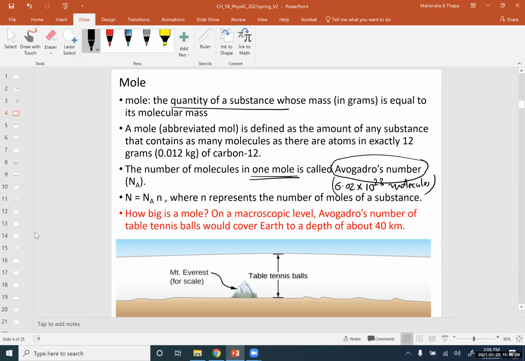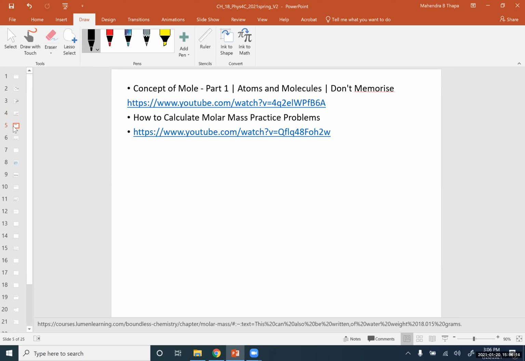Let's start with an example. Say, for example, the molar mass of the oxygen molecule O2 is roughly 32 grams.